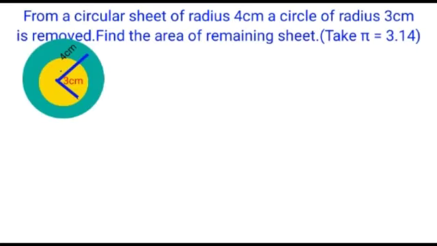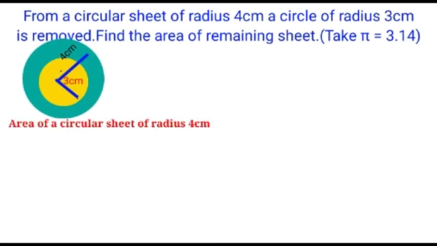Let us consider the next example. From a circular sheet of radius 4 cm, a circle of radius 3 cm is removed. Find the area of the remaining sheet. Take pi is equal to 3.14.